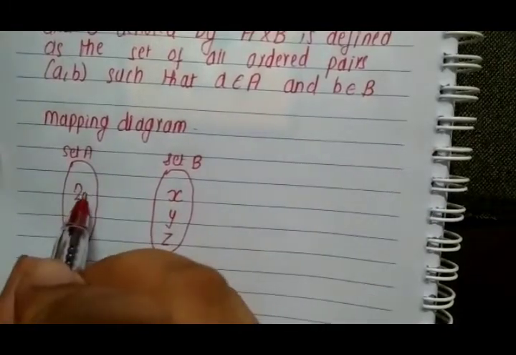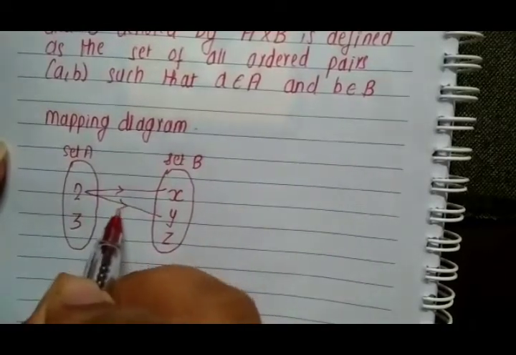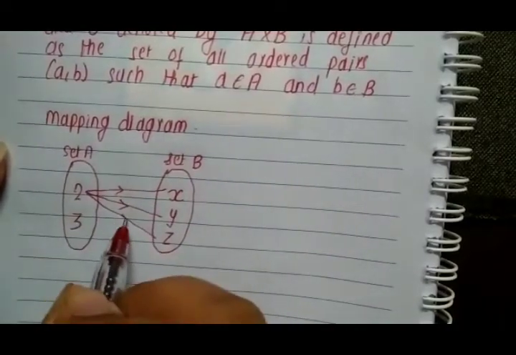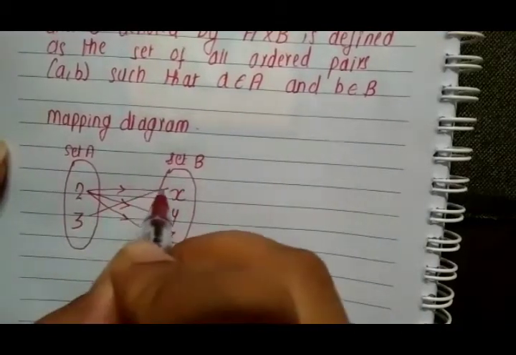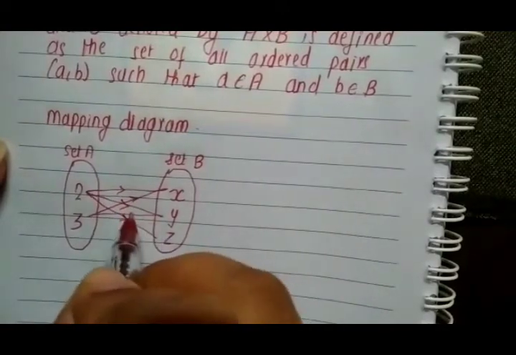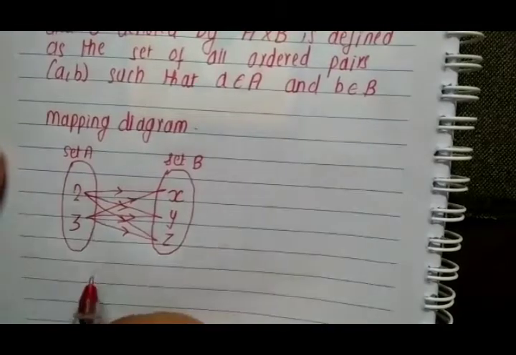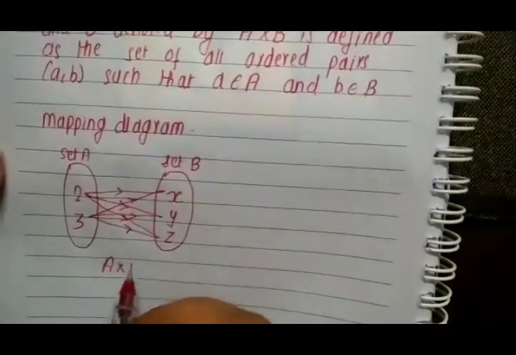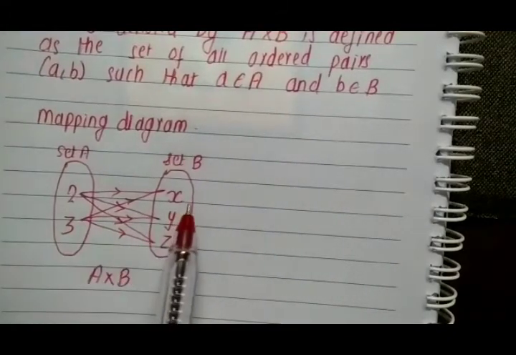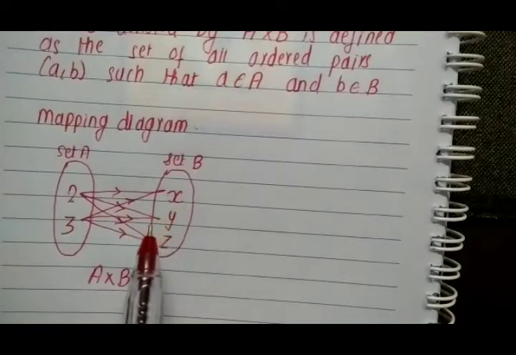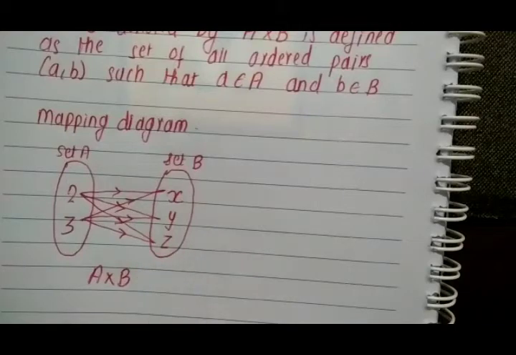Now 2 will cross match with x, y and also with z. Likewise 3 also pairs with x, y and z. This is called A cross B, right? Each element from set A is matched with the set B elements. So this is called a mapping diagram.